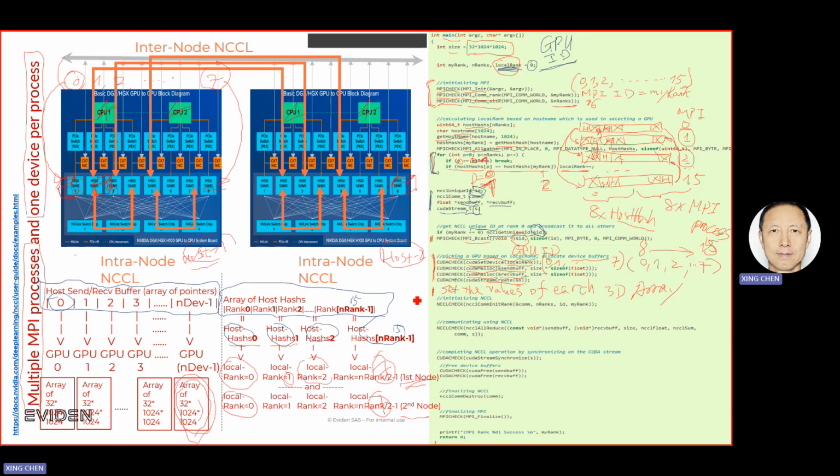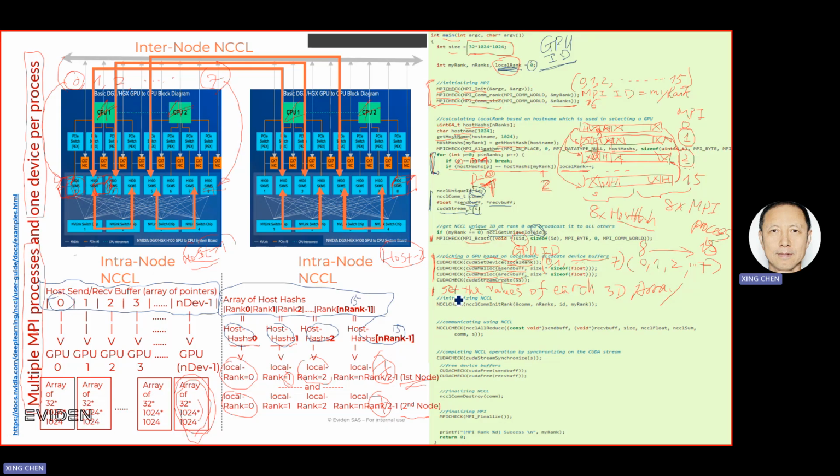Right now, we are ready to start this collective communication. Let me change the color. Okay, the NCCL function calls, the NCCL communication library, the usage of the NCCL communication library is nearly the same as MPI.